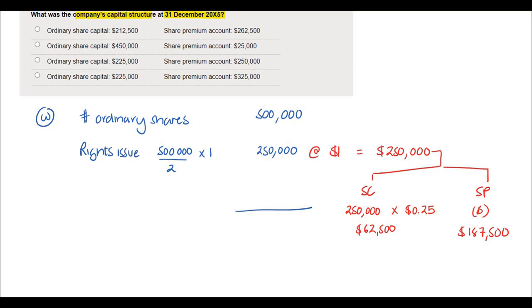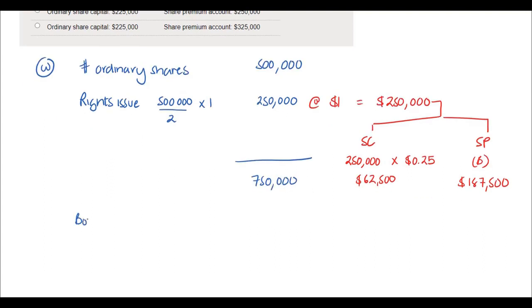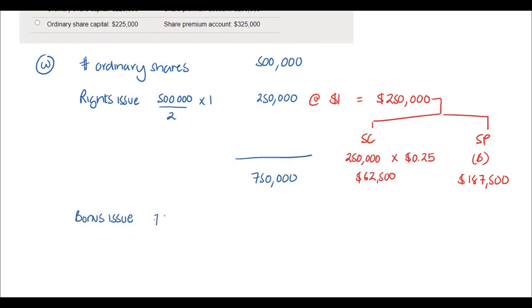Next, we want to add down the number of shares to get the cumulative total before we work out the bonus issue. So here we've got 750,000 shares, and now we can work out the number of shares given on the bonus issue. The bonus issue is made at 1 share for every 5 held. So we can take 750,000, divide this by 5, multiplied by 1 to give us 150,000 shares, which would have been given on the bonus.